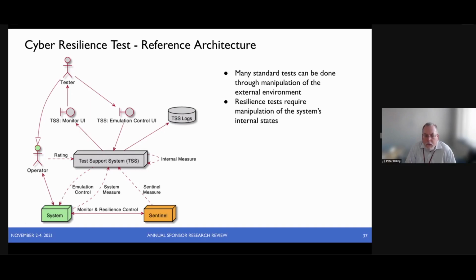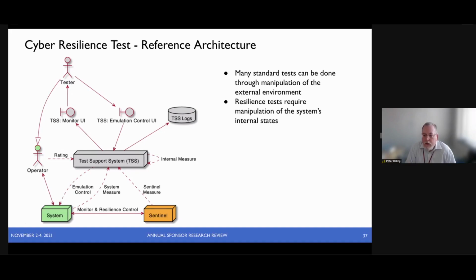So more maybe than other kinds of system properties, for resilience we need to think about having the ability in a test support system to configure the internal states of a system, to have emulation and control over what the system states are in a very unnatural way, right? That corresponds to what might happen as a loss scenario unfolds.